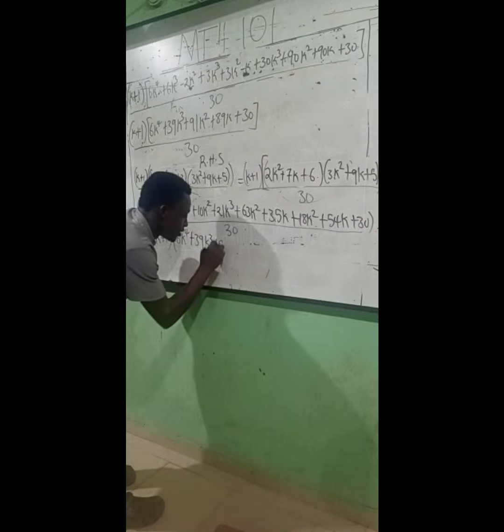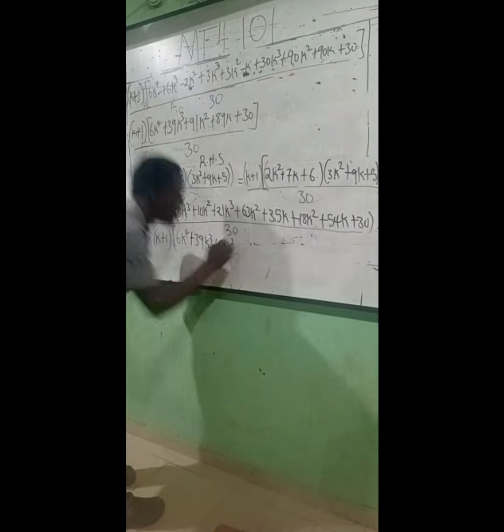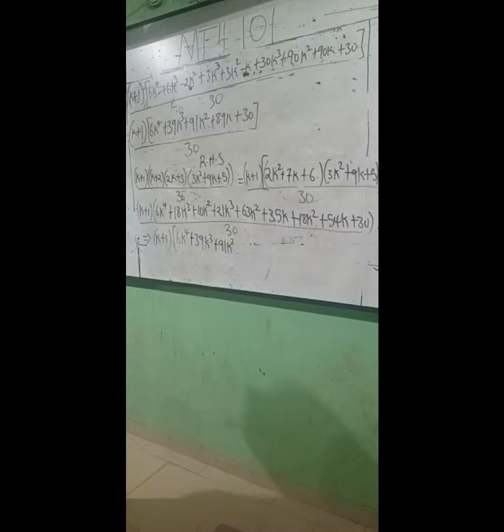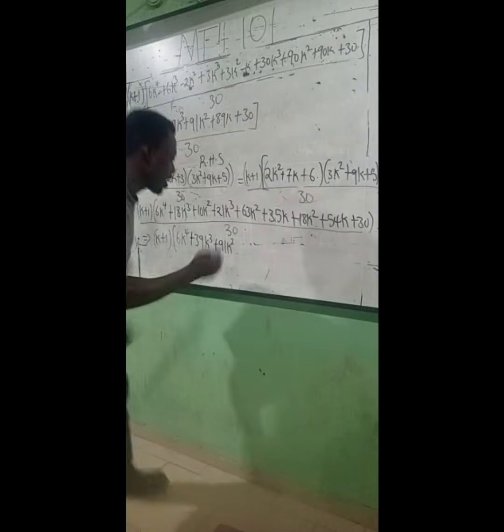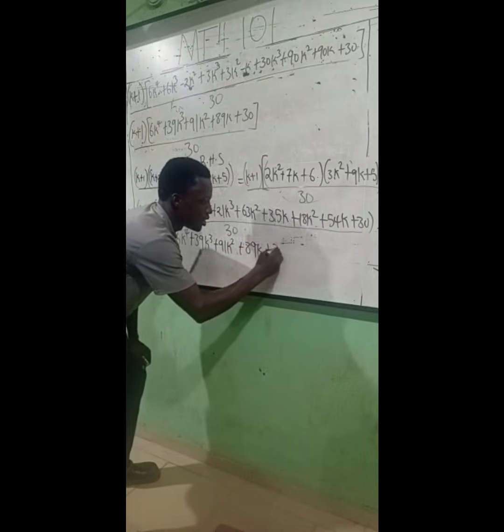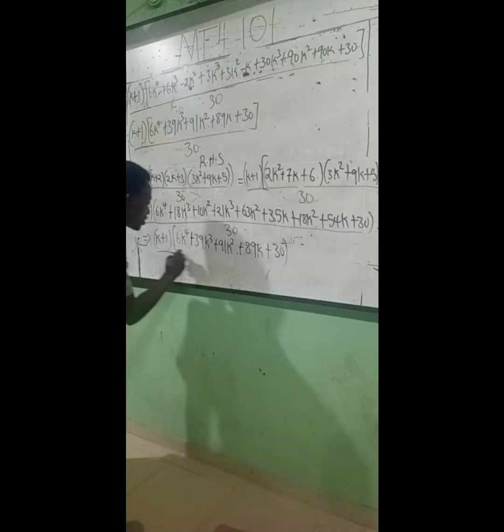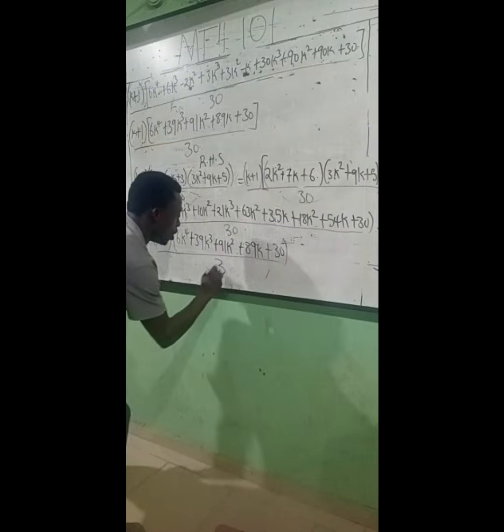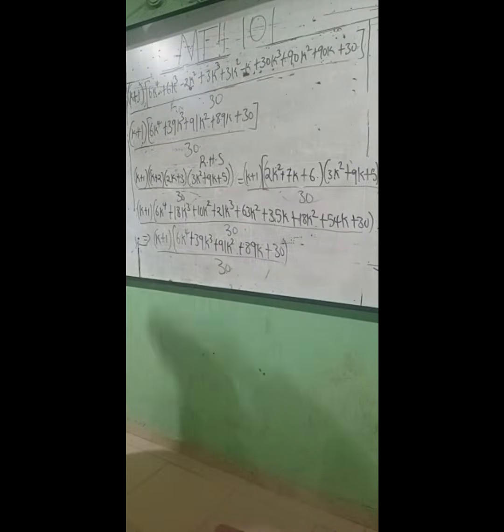Thank God. Let's move to k: 35k plus 54k, 89k plus, divided by 30. Are they equal? Since the left hand side is equal to the right hand side, so what happened?